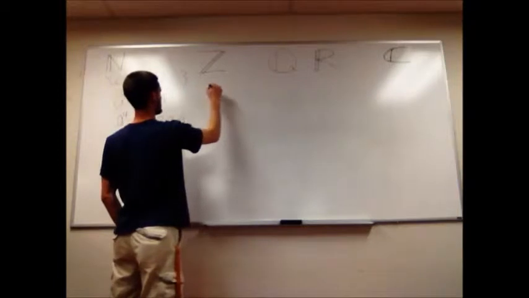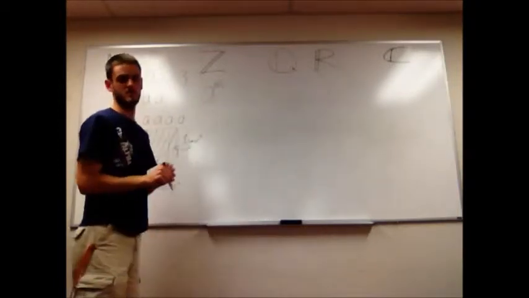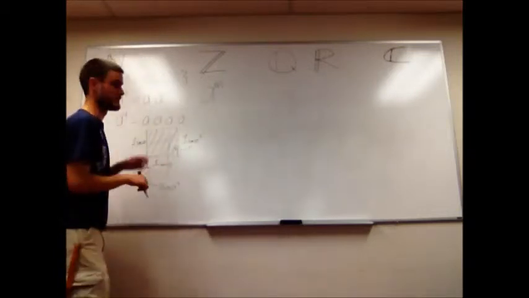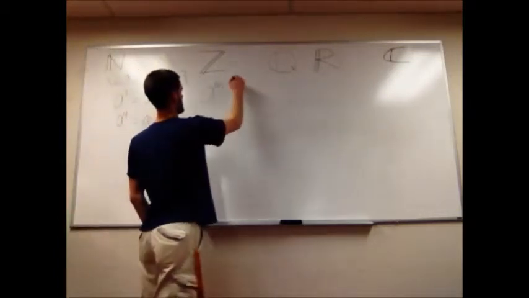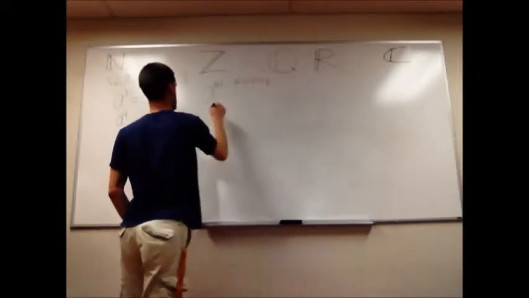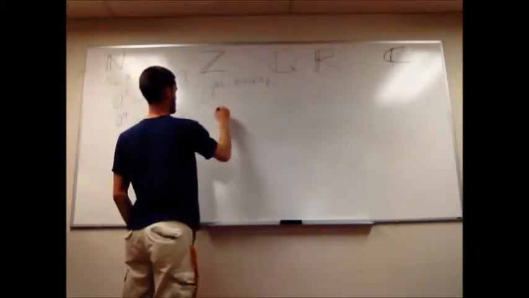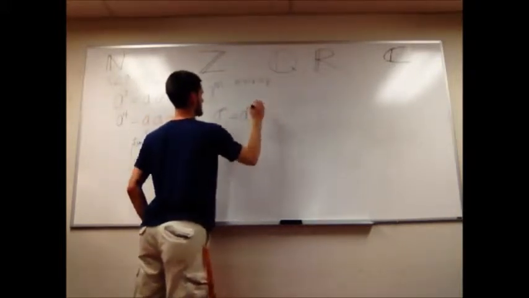So if we have our a raised to some exponent m in the natural numbers, and let's say m is equal to n plus p. So a to the m equals a to the n plus p.